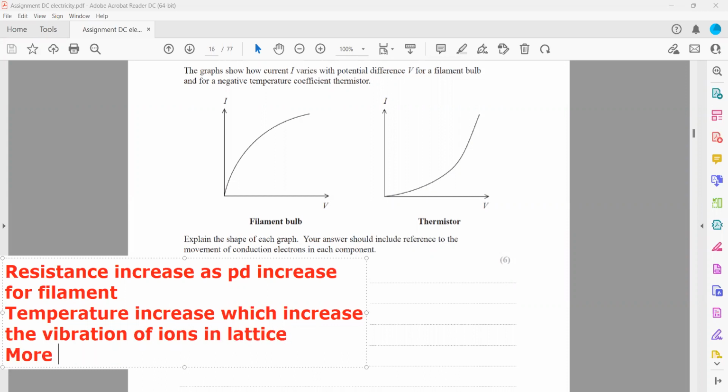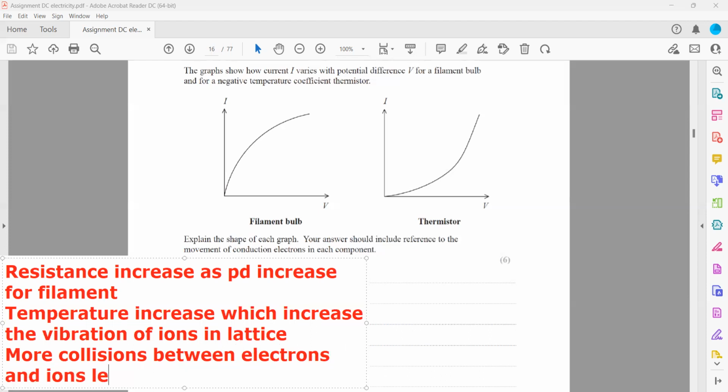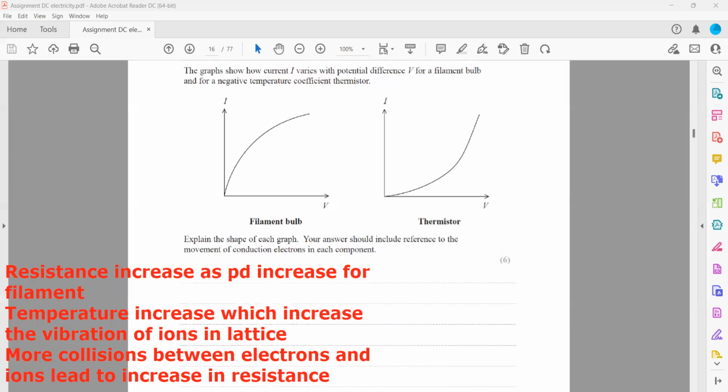As a result, there will be more collisions between electrons and ions, which leads to an increase in resistance. This is the case for the fixed filament.